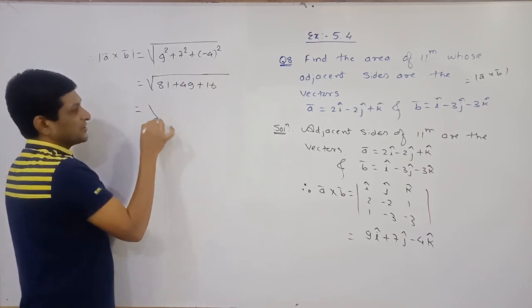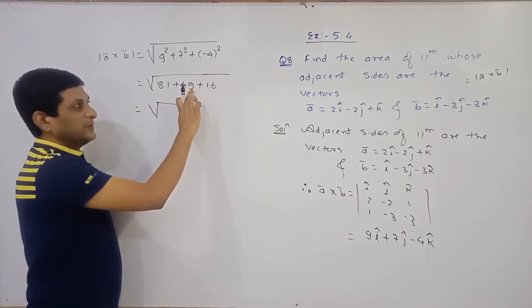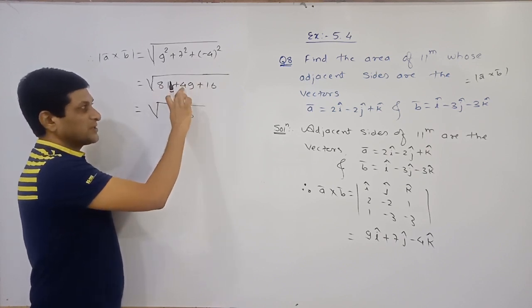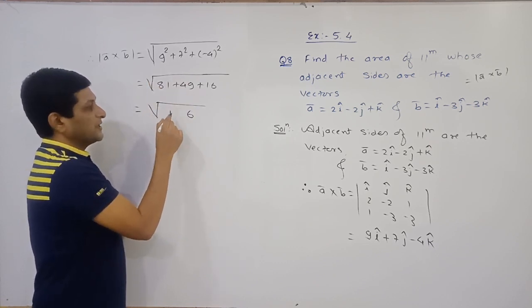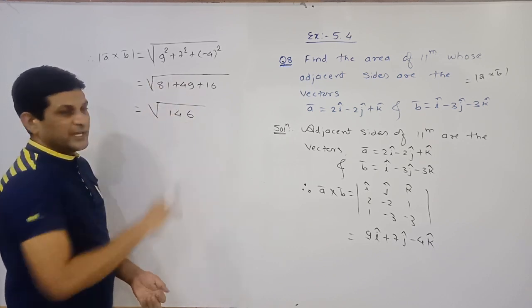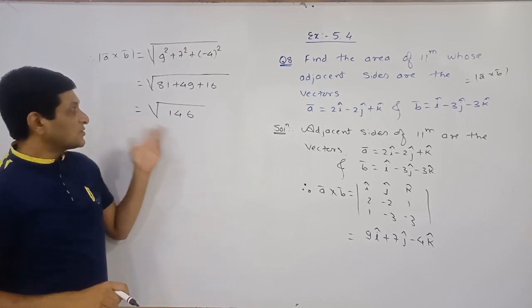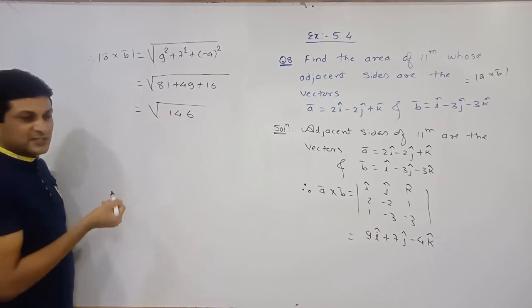Adding these, 6 plus 9 will be 15, 15 plus 1 is 16, carry 1, plus 1 is 2, 2 plus 4 is 6, and 6 plus 8 will be equal to 14. So here we can observe that 146 is not a perfect square, so we are not able to simplify this square root.